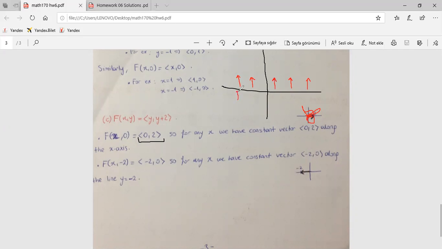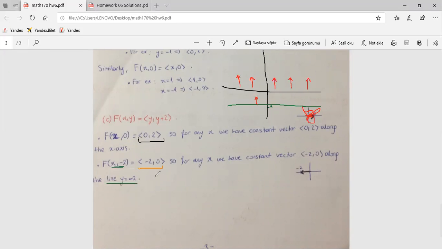It doesn't matter if x is less than 0 or greater than 0. Now we'll have something like this, sorry, I cannot write it, but you get that. Let's look at that part now. When y equals -2, we have the vector (-2, 0). So this is obviously the line y equals -2. Let's first write that line. Suppose this is -2, we have this line.